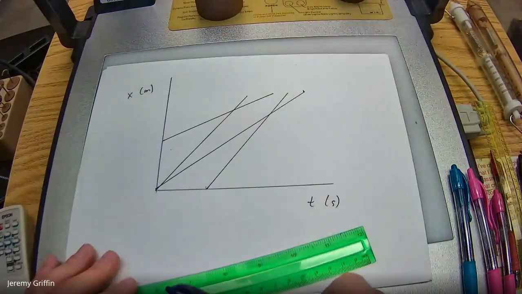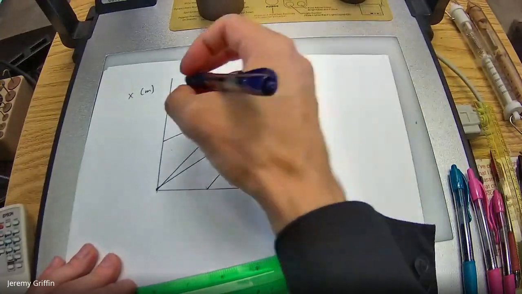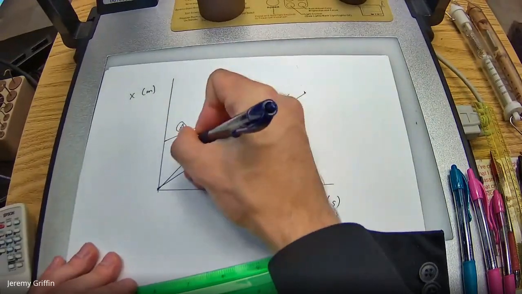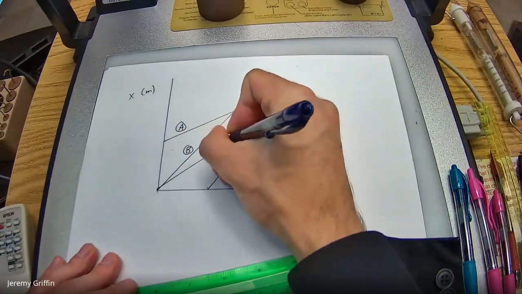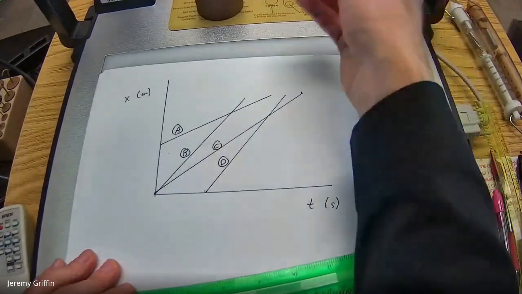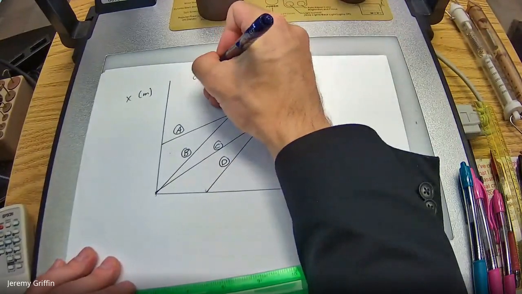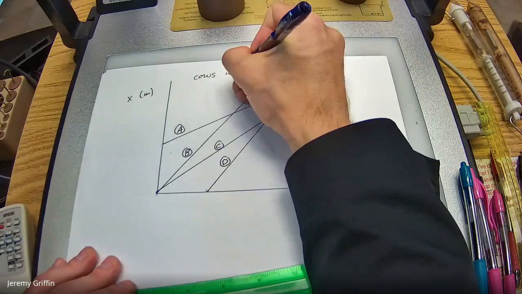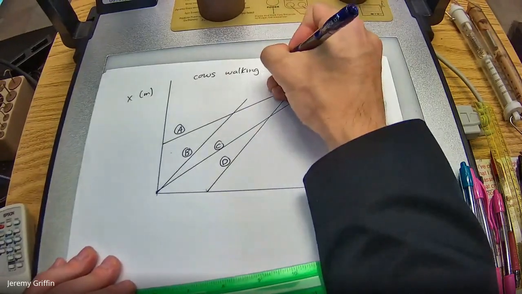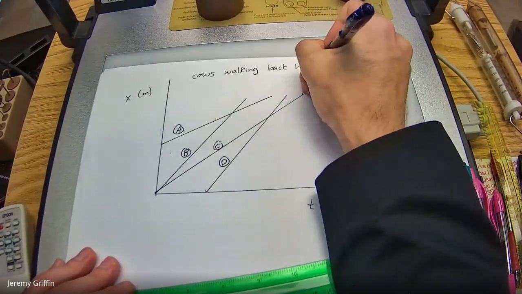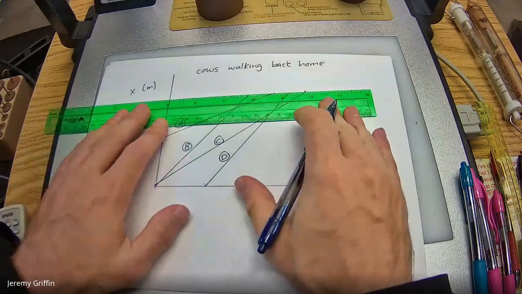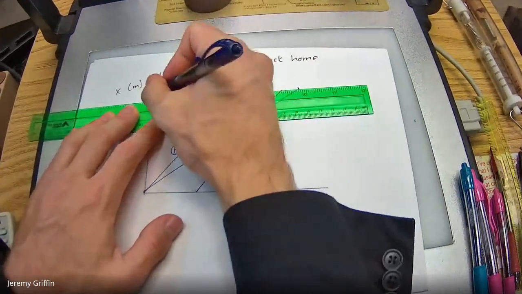Better label these cows. Let's call this cow A, cow B, cow C, and cow D. And make a title for this graph too. So, cows walking back home. Let's call the final location home. So it'll be right here.